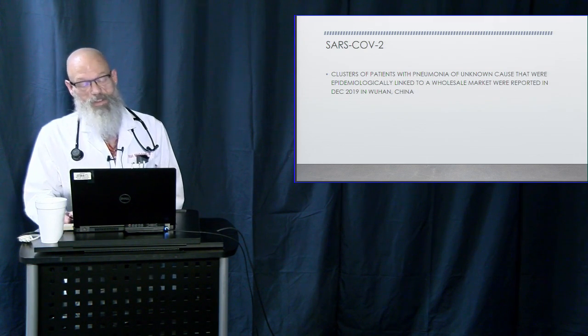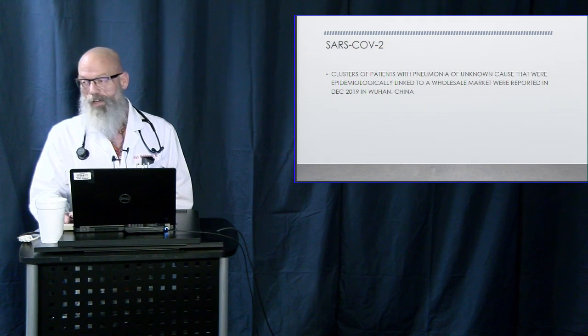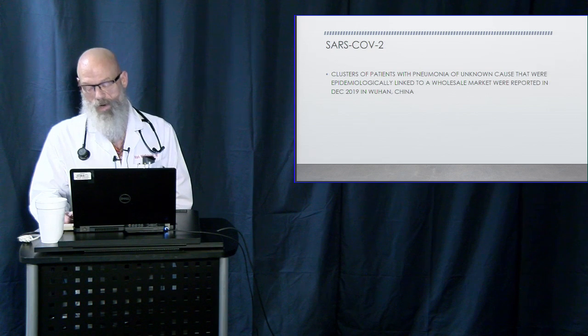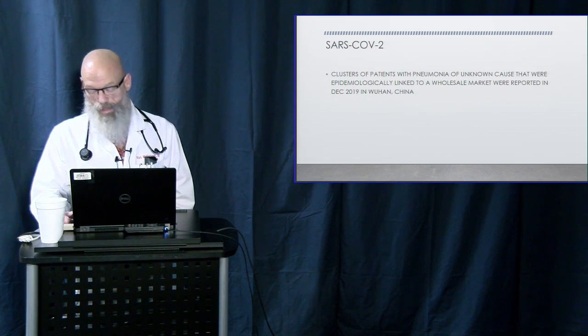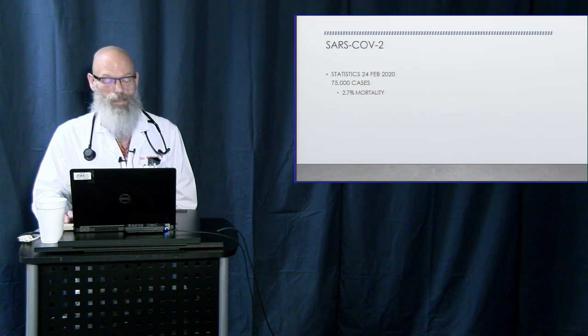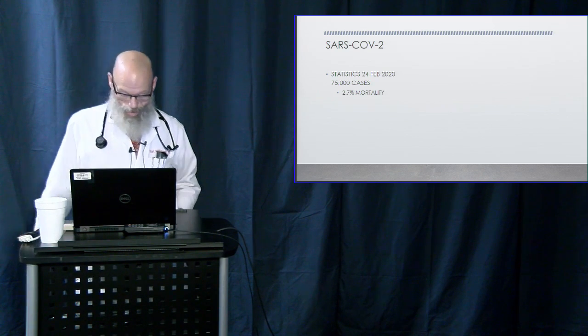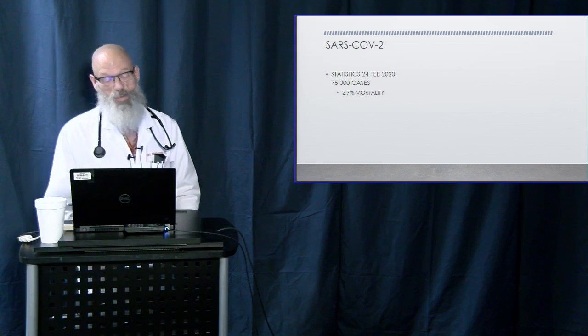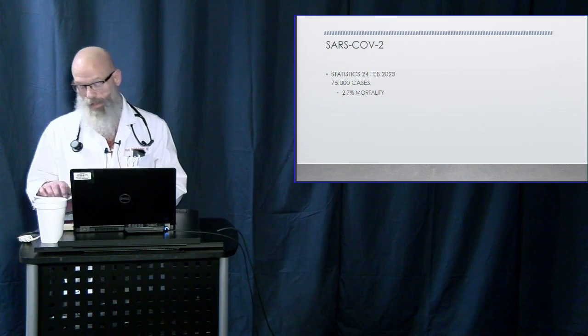We know that clusters of patients with pneumonia of unknown cause were epidemiologically linked to a wholesale market in Wuhan, China in December of 2019. As of the 24th of February, there were 75,000 cases with a 2.7% mortality.